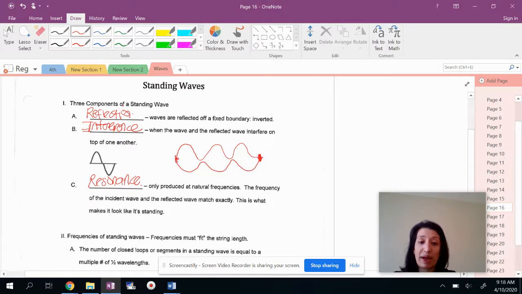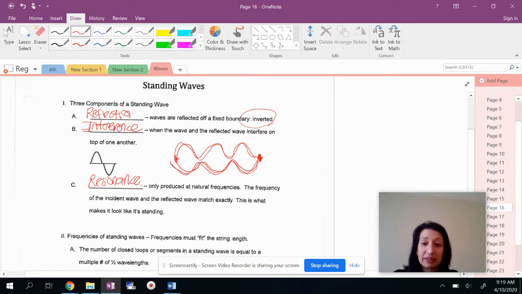By a fixed boundary, I mean there's something on the other side of it. It's not a loose string. So it's important to know that when it gets reflected, it comes back upside down. And that keeps happening. The reflection is always inverted.